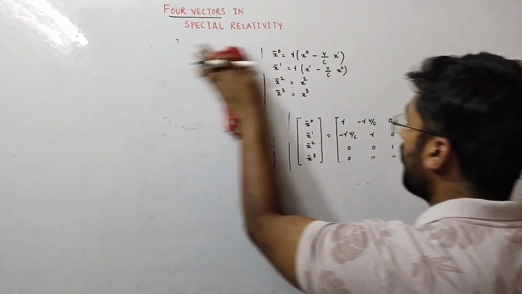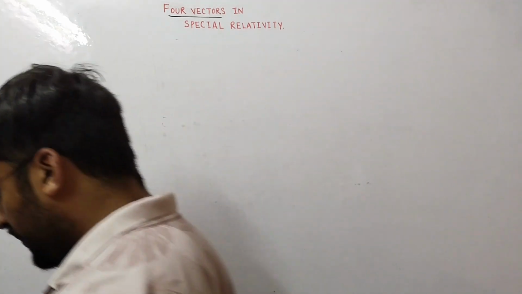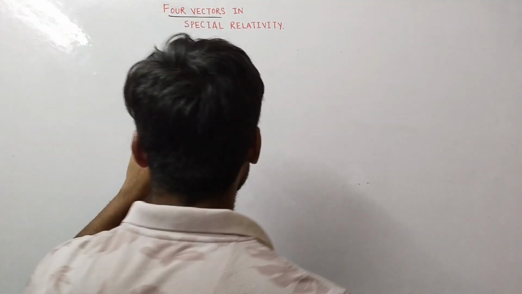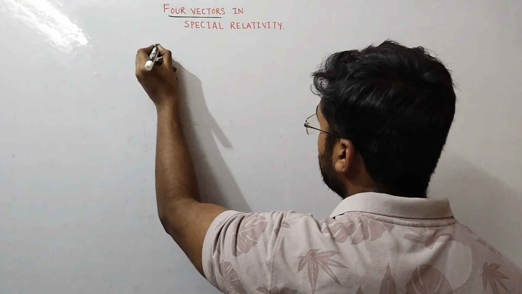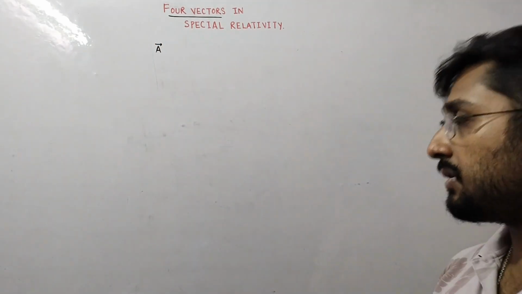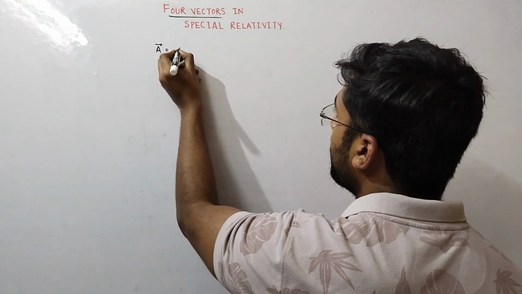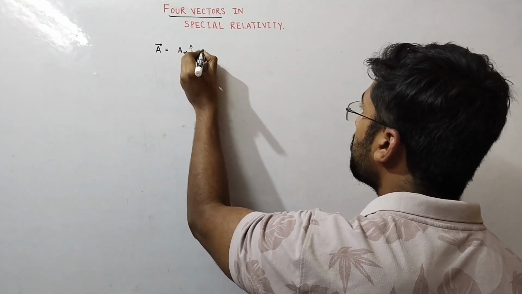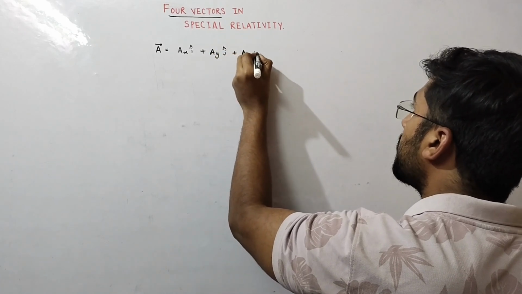Fine. Okay. So in order to talk about the magnitude, what will I do? Please pay attention. Suppose I have a 3 vector, that is a vector defined in the normal Euclidean space. So if I have a 3 vector, that is Ax i cap, Ay j cap and Az k cap, right?